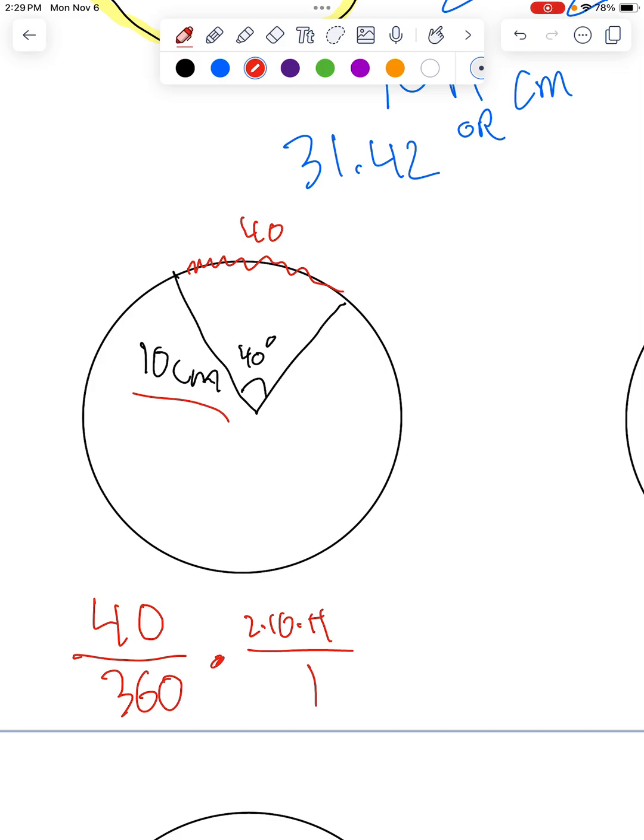So I'm going to say, can I simplify 40 divided by 360, 40 over 360 first? And I can, because I could take out 40 from each. So again, if I divide by 40, that's going to equal 1/9. And then I still have 2 times 10 times pi. So I'm going to write that as 20 pi.